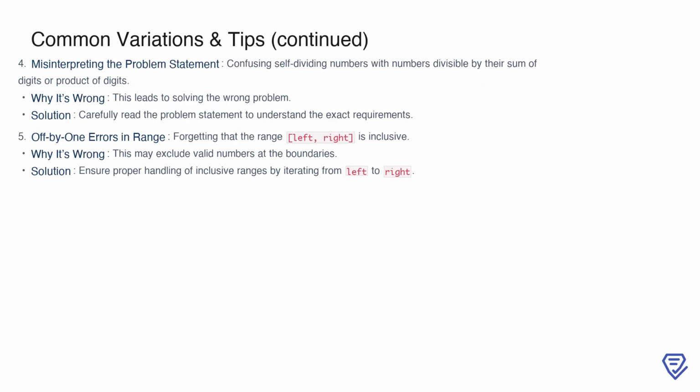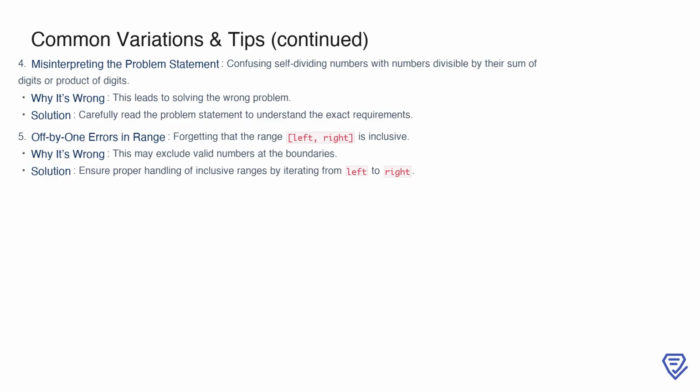Another common mistake is misinterpreting the problem statement. Some confuse self-dividing numbers with concepts like numbers divisible by their sum or product of digits. This misunderstanding leads to solving a completely different problem. To avoid this, take the time to carefully read and understand the exact requirements of the problem.